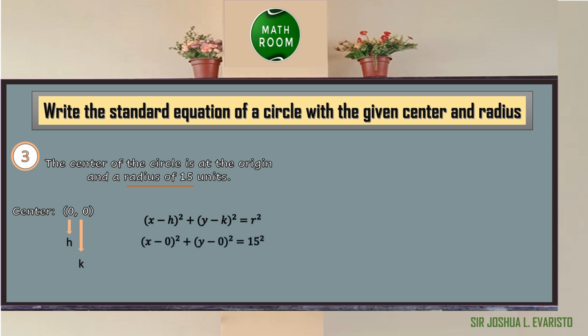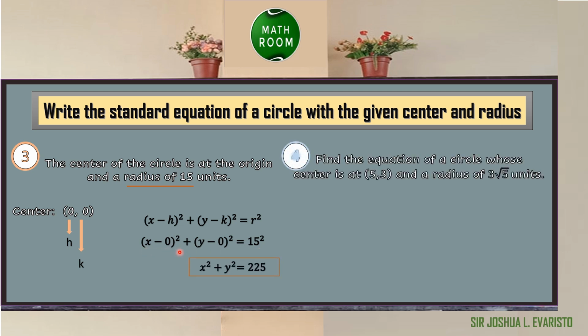So we have quantity x minus 0 quantity squared plus quantity y minus 0 quantity squared is equal to 15 squared. X minus 0 is equal to x, then y minus 0 is equal to y. 15 squared is equal to 225. Therefore, the standard equation of the circle is x squared plus y squared is equal to 225.